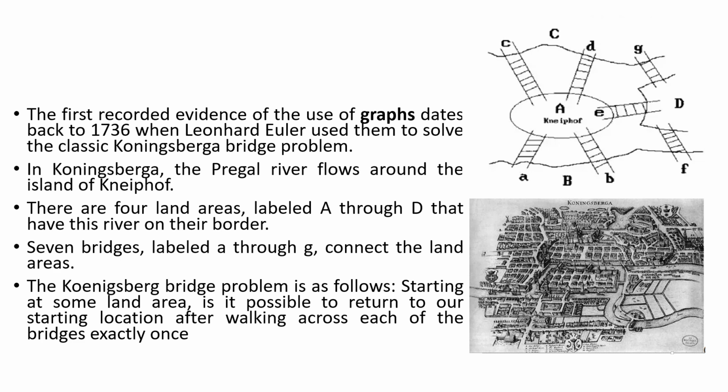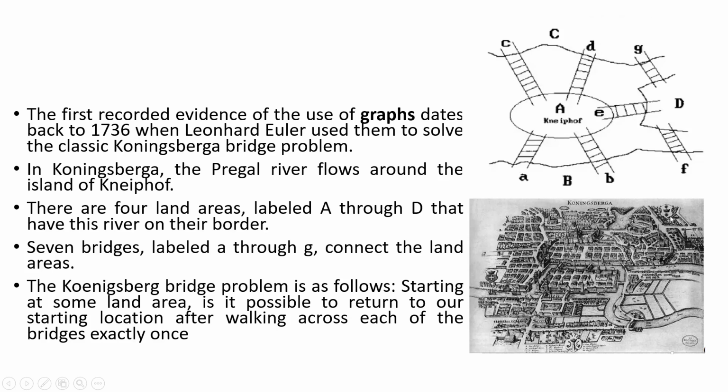So this is the classical problem which uses a graph. It has seven bridges labeled a, b, c, d, e, f, g, and the land areas A, B, C, D. Four land areas are given in uppercase and the bridges are mentioned in lowercase letters.